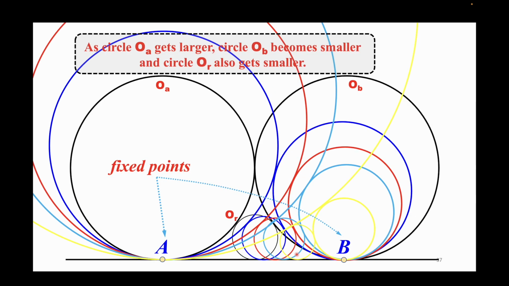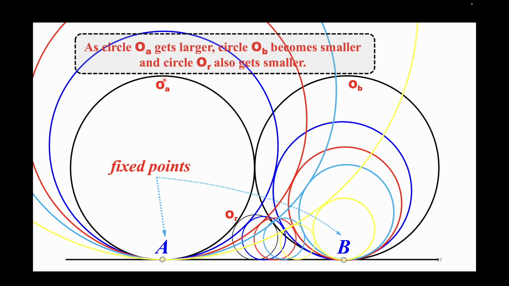So now let's consider several interesting scenarios. We have circle OA here, which is tangent at point A. And we are able to construct circle OB, which is tangent at the second fixed point B. And from OA and OB, we are able to uniquely construct a circle OR.